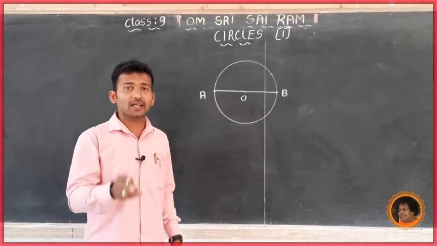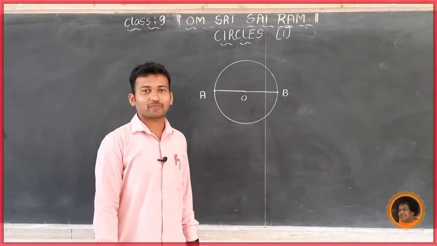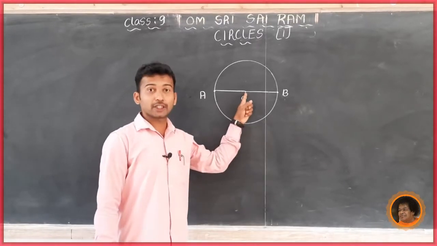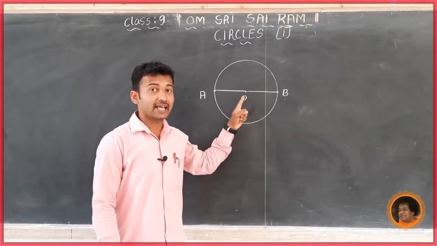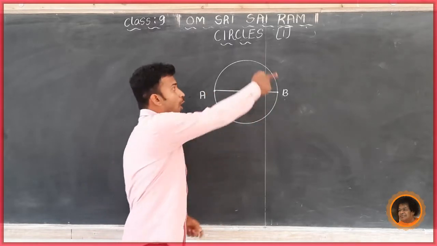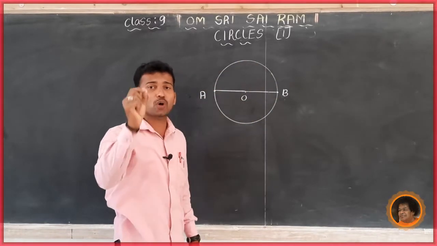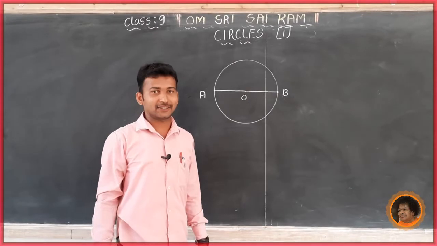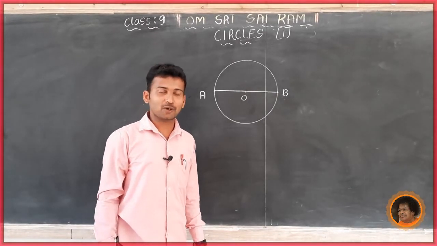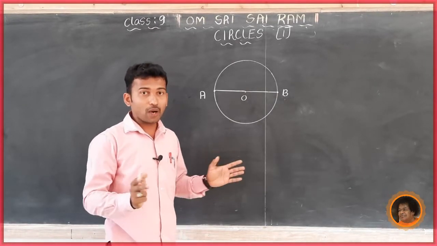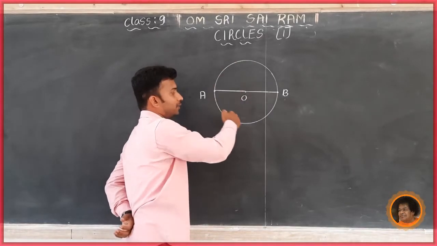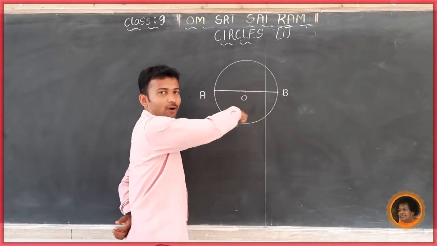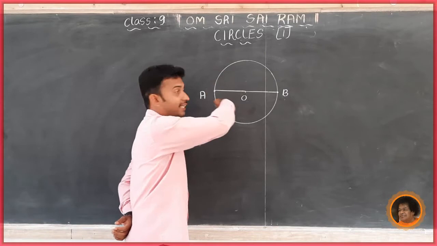OA and OB are the 2 radii. The line segment joining the center of the circle and any point on the circle is called a radius.